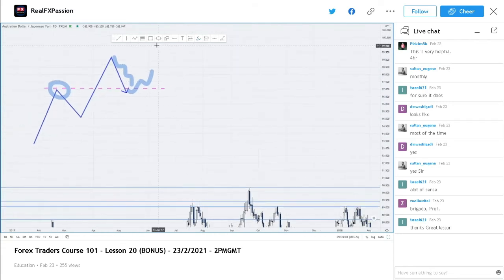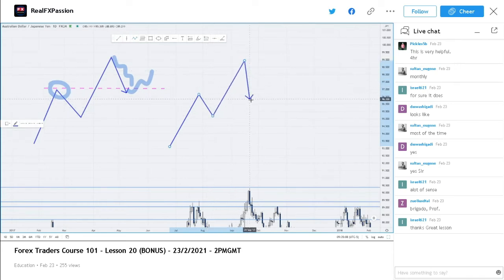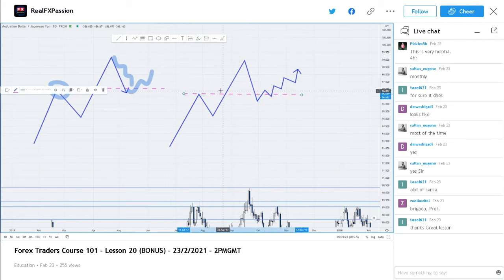Now, we need to understand that many times the market is going to do the same, but it's going to push lower, or it's going to break through before it starts to make another highs, higher lows. So why is that? Because support, resistance, pivot points are areas. Make sense, everybody?